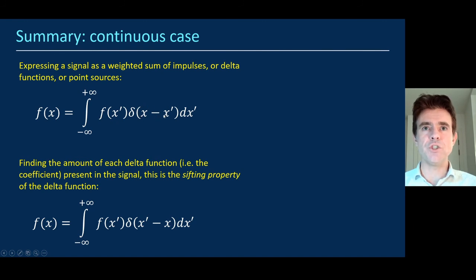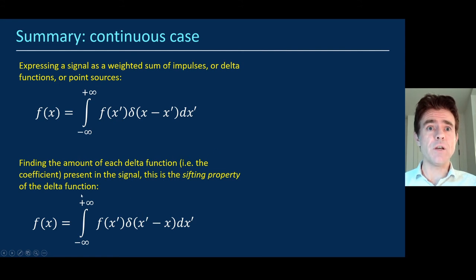All we're doing is shifting it to every possible x prime position within the original function f, and treating the function f as a scaling for that delta function at every single location it's moved to. Just imagine sliding a delta function from minus infinity all the way up to plus infinity in every single position. We then multiply it by the function and integrate, and that gives us the same as the function, basically.